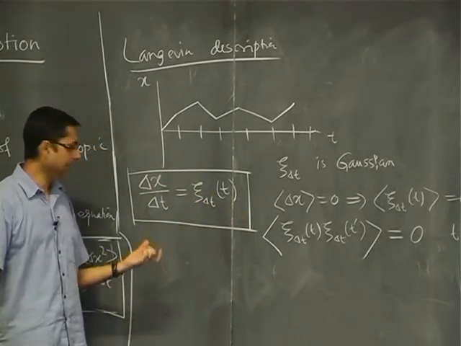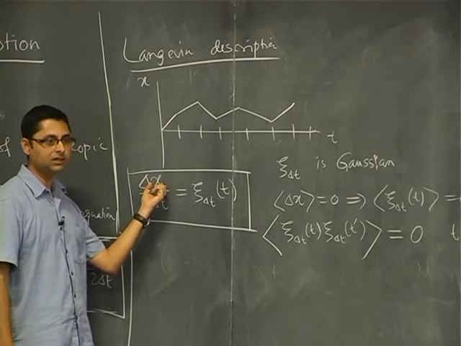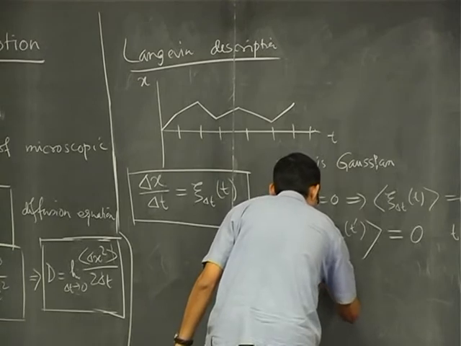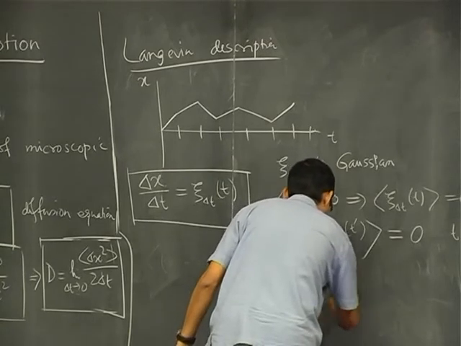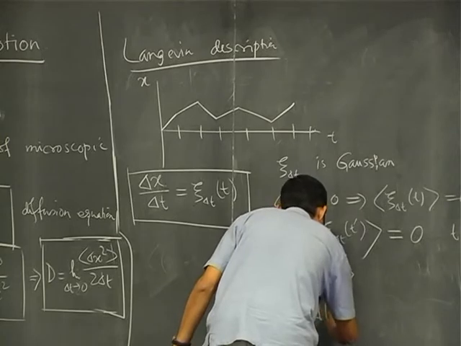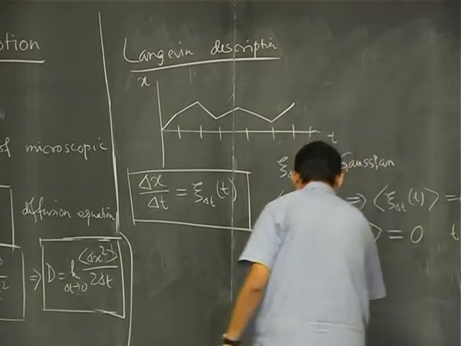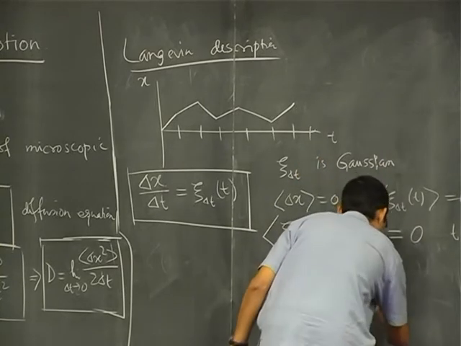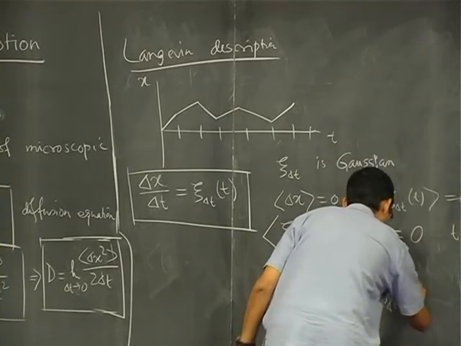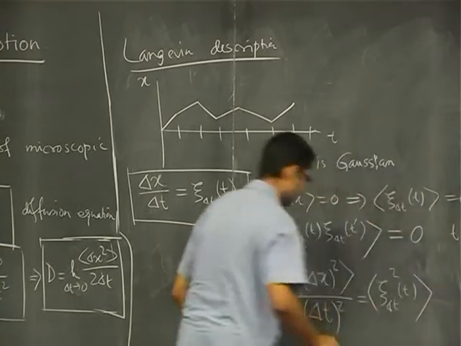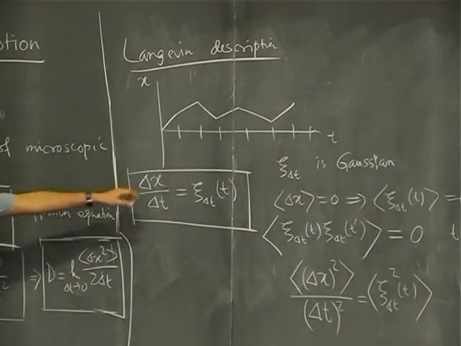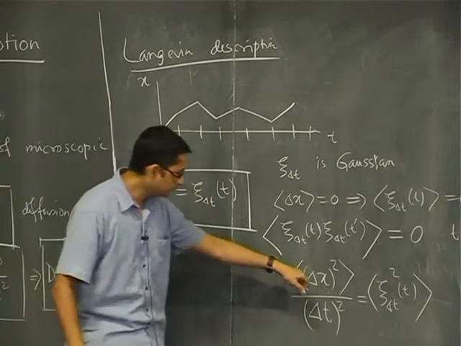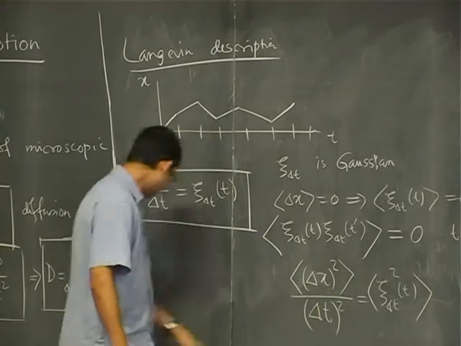At the same time, I just square this one and take the average. If I square this one, what do you get? Delta x squared average divided by delta t squared, which is equal to the noise at time t squared average. But what is delta x squared average?